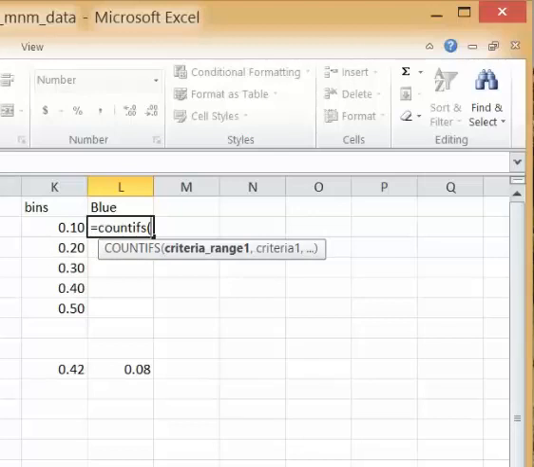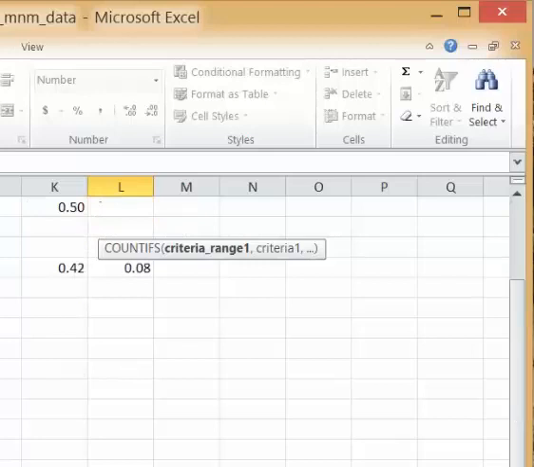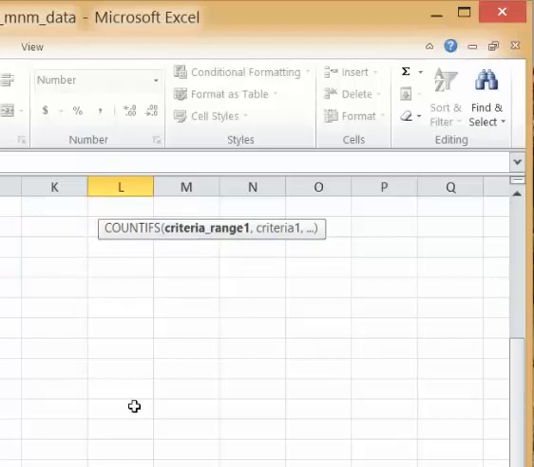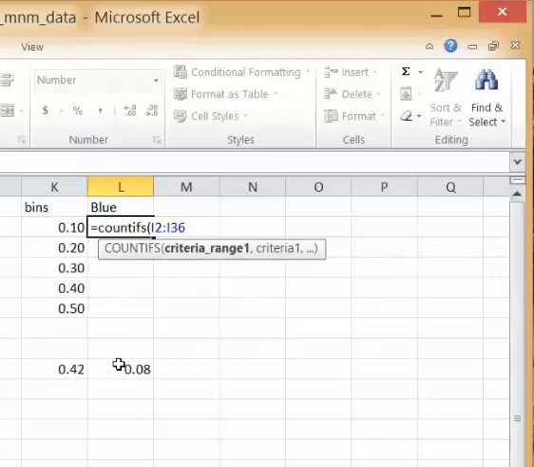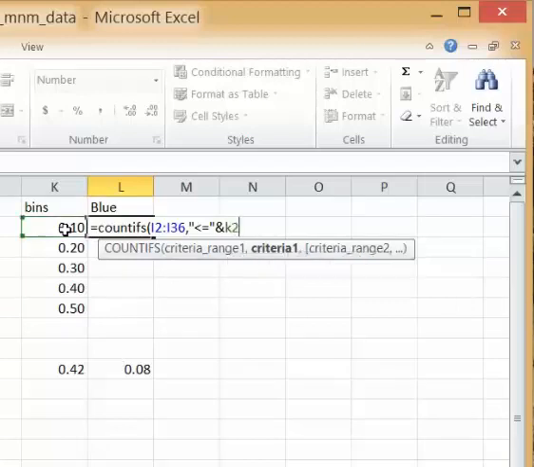So COUNTIFS first asks for the range, and our range is going to be I2 through I36. And the criteria, in quotes, less than or equal to sign, and then an ampersand, and put in K2.